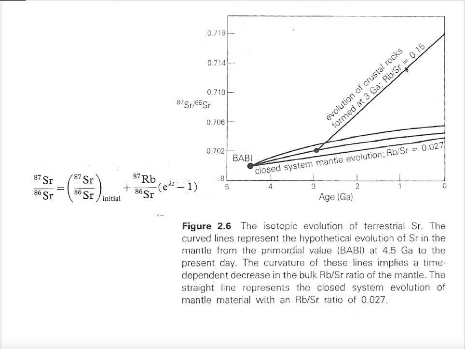Then you are getting a value between 0.699 and 0.7045 for the value today, and then you have calculated the age.